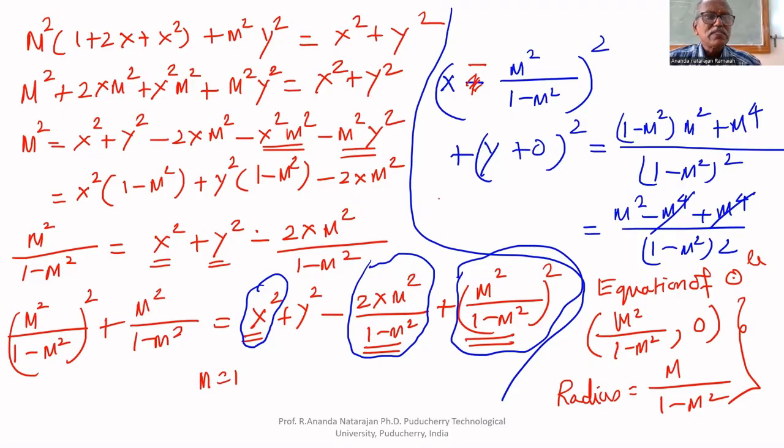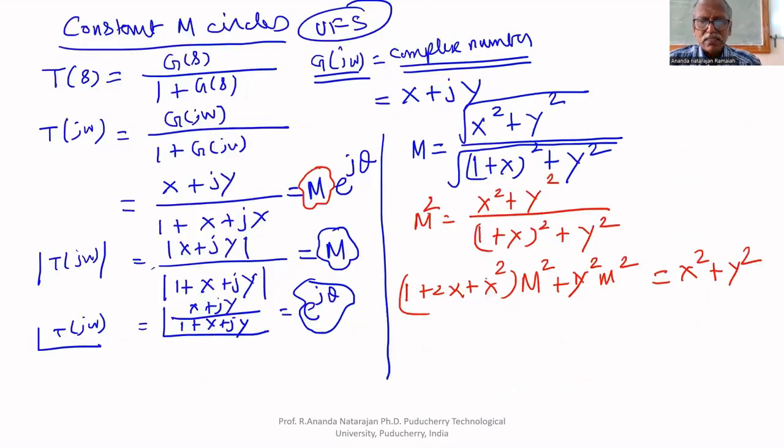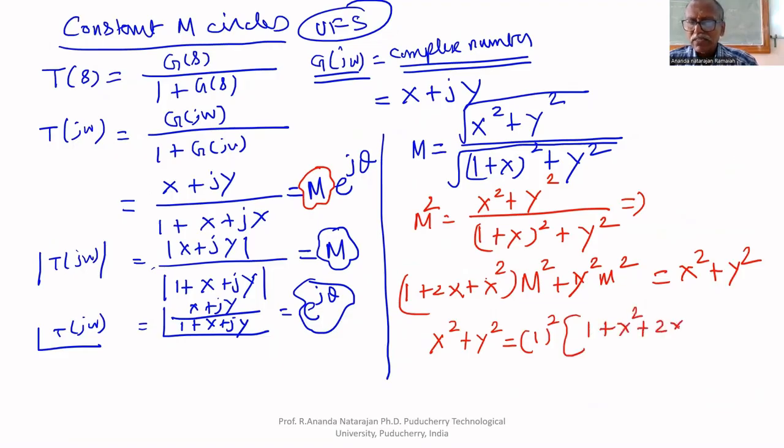Therefore, we have to consider this equation separately when m equal to 1. If m equal to 1, what will you get? x square plus y square equal to 1 times (1 plus x) square, that is, 1 square multiplied by the denominator, which is 1 plus x square plus 2x plus y square.